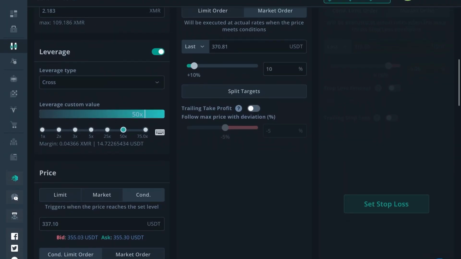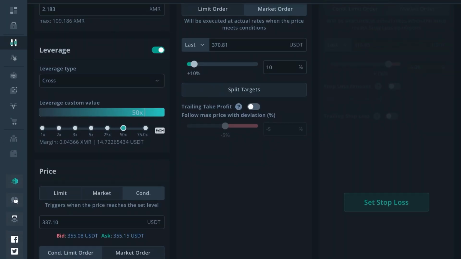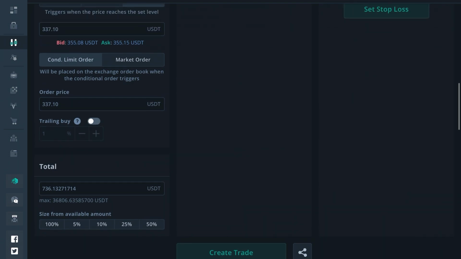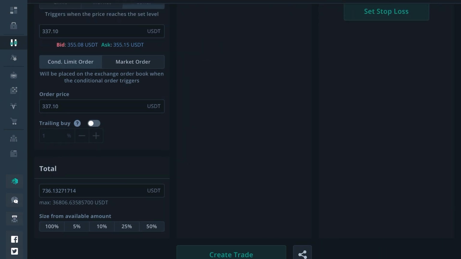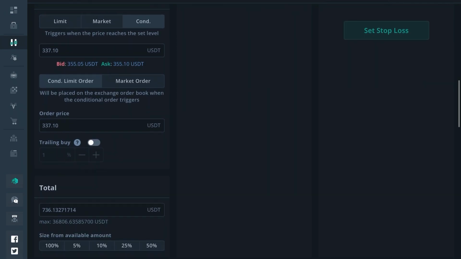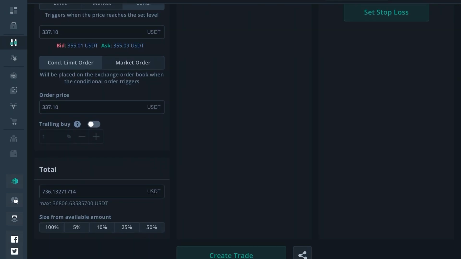But if you were trading at 50x with only 2% of your available capital, that would be $736. So that means your marginal maintenance would be able to support that, right? So if your initial position was wiped, if you were trading with $736 and you lost 2% on this trade, you would be able to sustain your margin because you're only using 2%. So as the price falls 2%, your initial input is wiped.